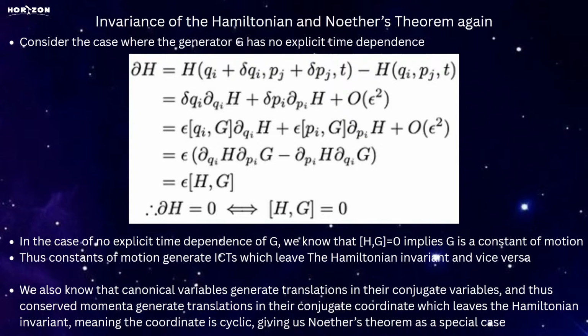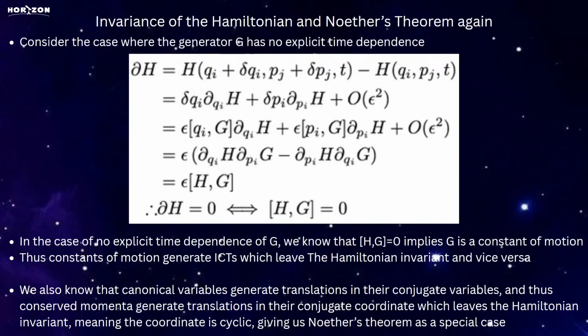We will specifically consider the case where the generator has no explicit time dependence. Now, expanding the Hamiltonian, simplifying to first order, neglecting the epsilon squared and higher order terms, we get that the change in the Hamiltonian is 0 if and only if the bracket of the Hamiltonian and generator is 0.